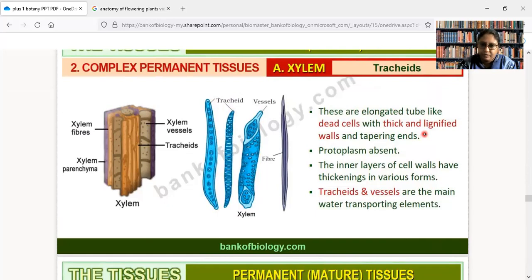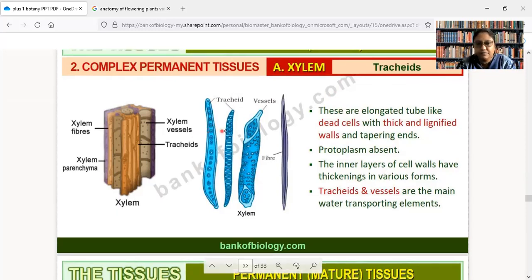As they are dead cells, protoplasm is completely absent. If you take a cross section, generally they look angular or polygonal. If you cut this cell from this plane, it looks polygonal in shape when you look at it from the top view.